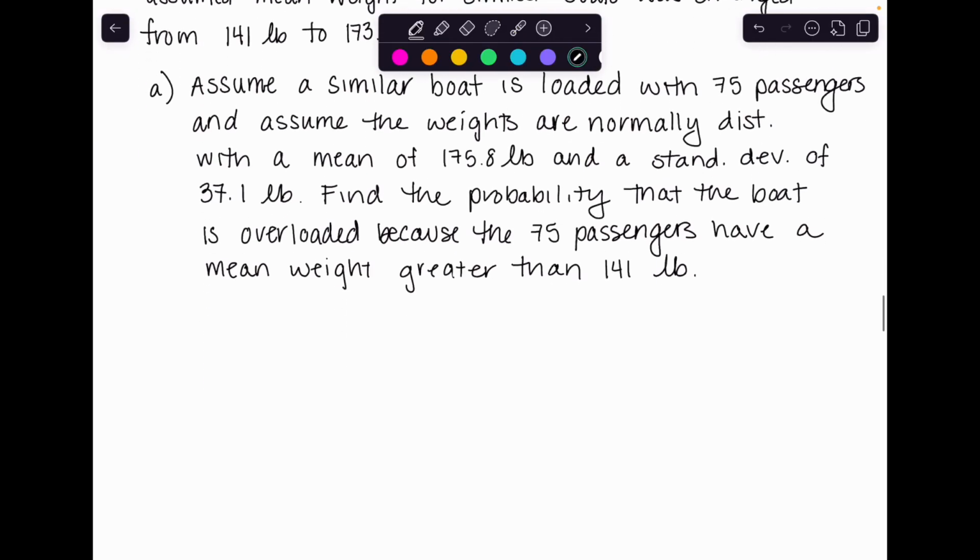So here our sample size is 75, which is definitely greater than 30. So I can use the central limit theorem, but also because the weights are normally distributed. So my n is greater than 30 and the data is normally distributed. So the central limit theorem applies.